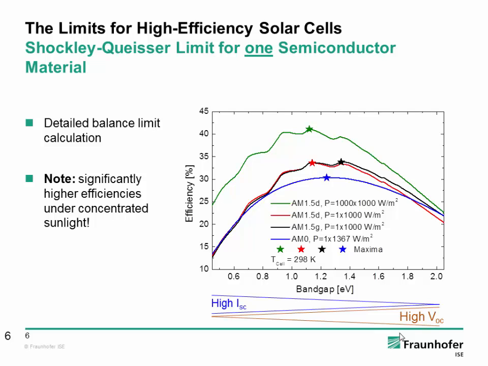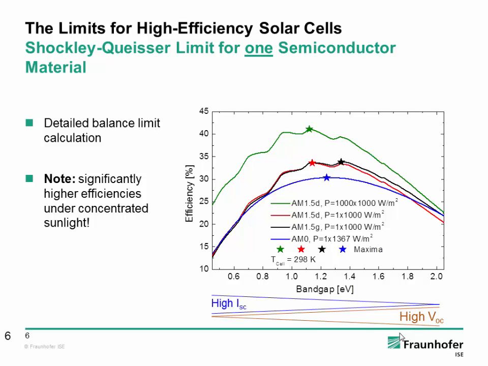And you see it's also important to recognize that it depends really on the spectrum. So if we have AM 0, we have at the end a lower efficiency compared to the so-called AM 1.5 spectrum. And now it is also very important to see the green line.